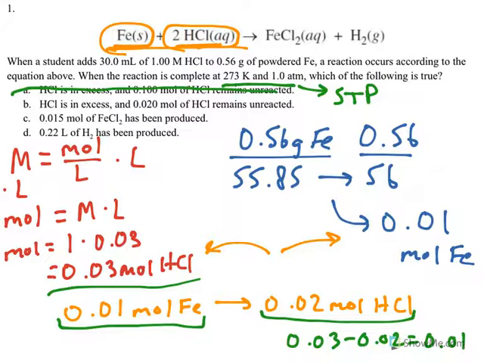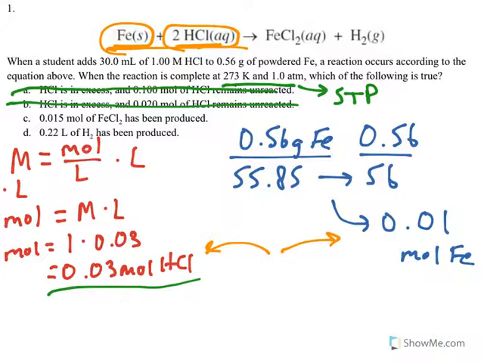B, HCl is in excess and 0.02 moles remain unreacted. No, 0.02 moles would be consumed, so 0.01 would be left over. B is also incorrect. C says that 0.015 mole of iron(II) chloride is produced.